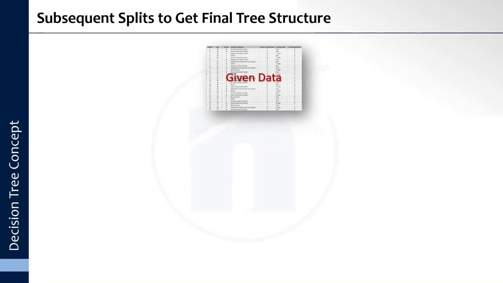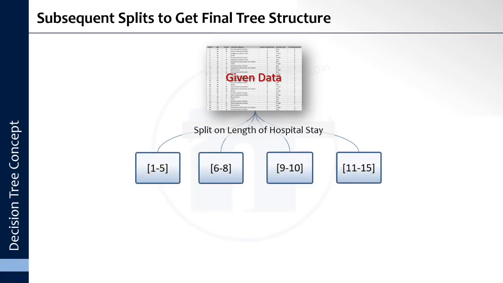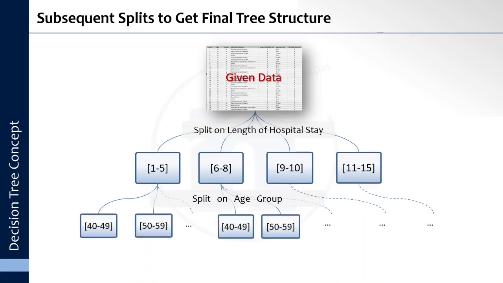At the next level, we'll have to again do the calculation for the rest of the parameters, and we'll need to continue to split until we find that no further splitting is possible or necessary.